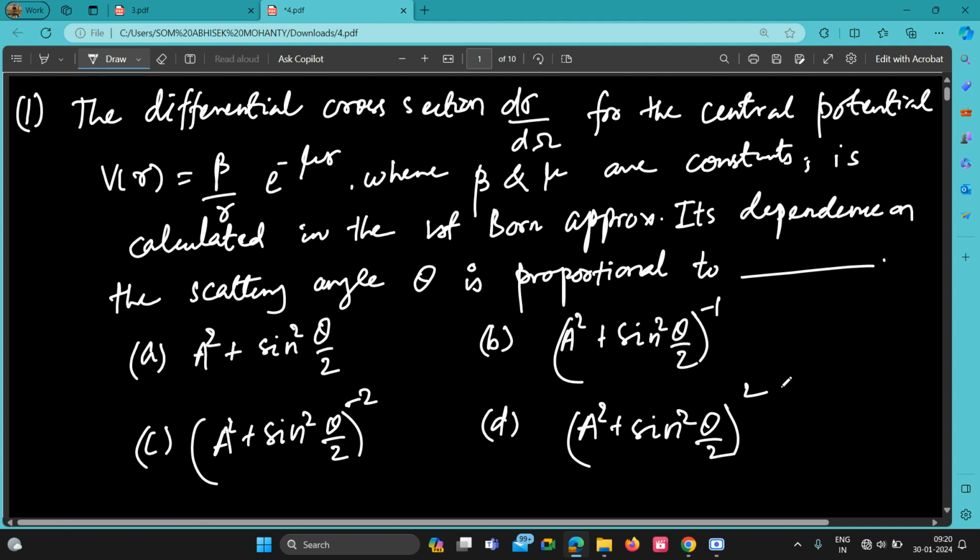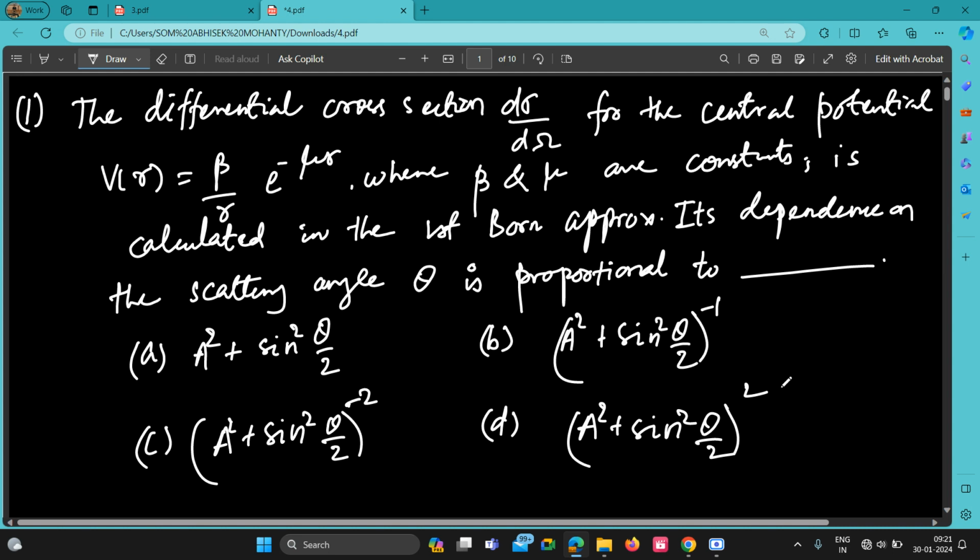The differential cross section dσ/dΩ for the central potential V(r) equal to β/r e^(−μr). The central potential is given, calculated in the first Born approximation. Its dependence on the scattering angle θ.